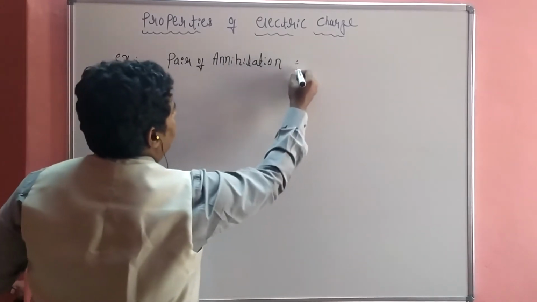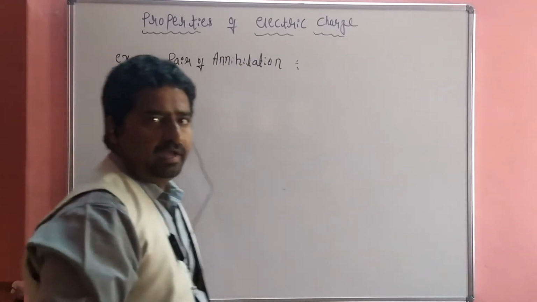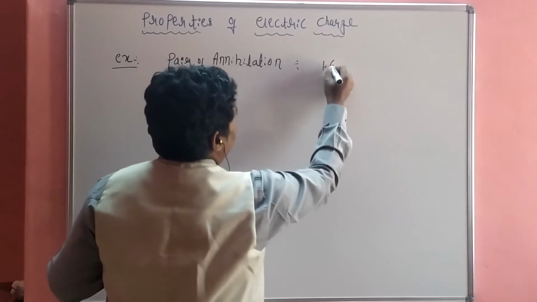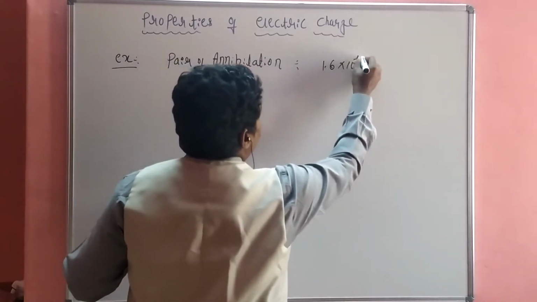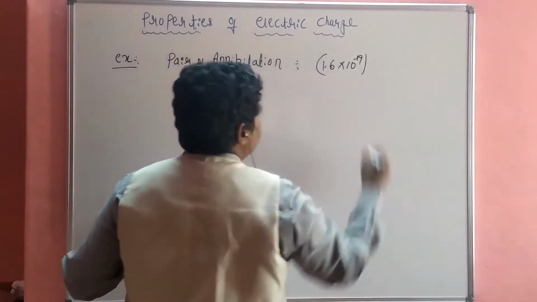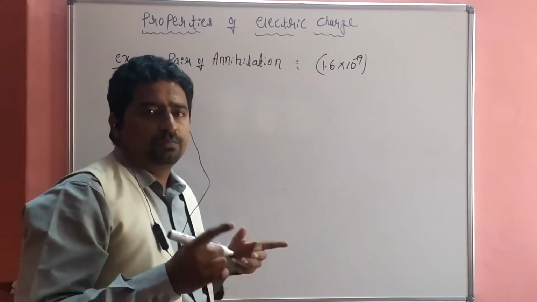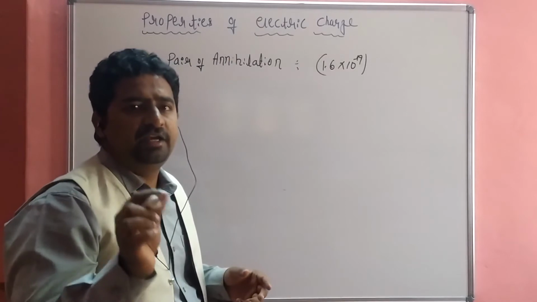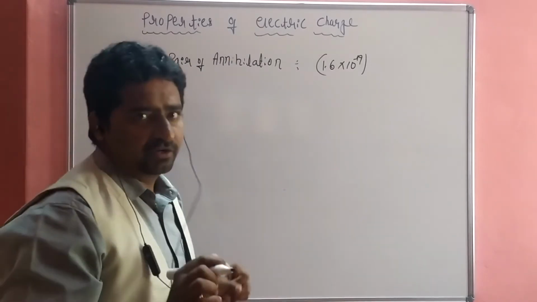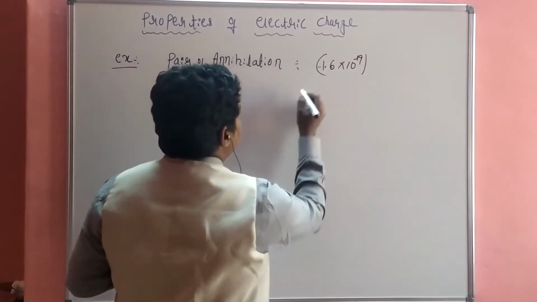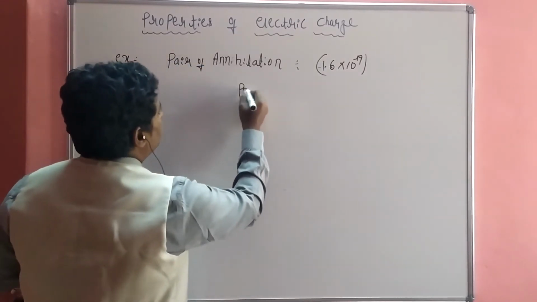What is pair annihilation? An electron, having charge of magnitude 1.6 into 10 to the power of minus 19, combines with a positron. A positron is the antiparticle of the electron, having the opposite charge.